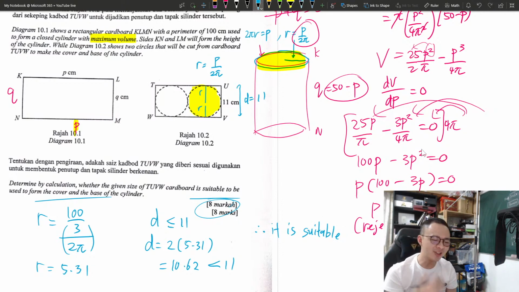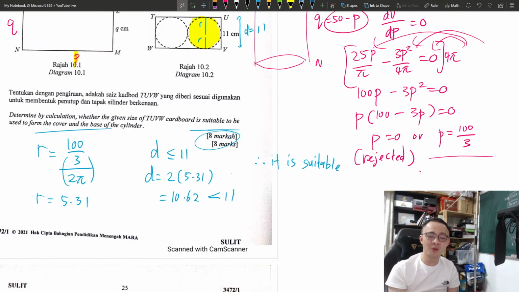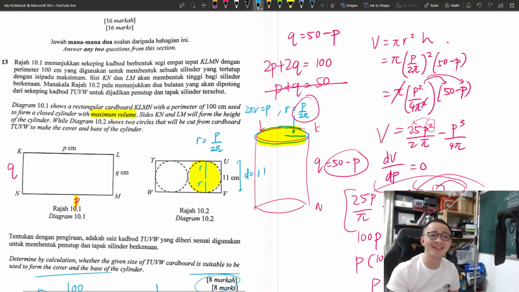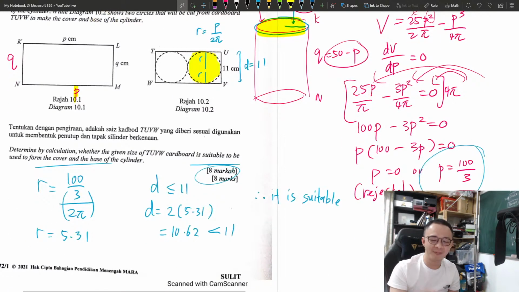Yeah, so this kind of question needs a lot of logical thinking in order to solve it. It's not really a very straightforward or simple question, because they want you to know the meaning of your calculation. After you got this answer, how can you apply it in making this cylinder? So it wants you to understand deeper rather than just find the answer of p.